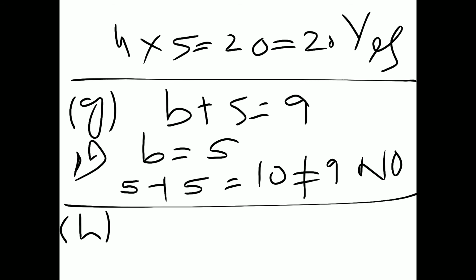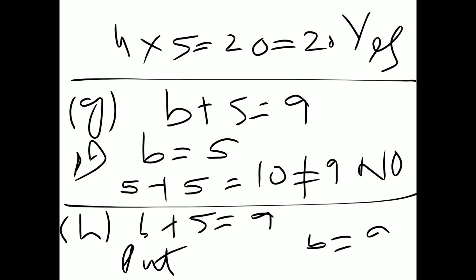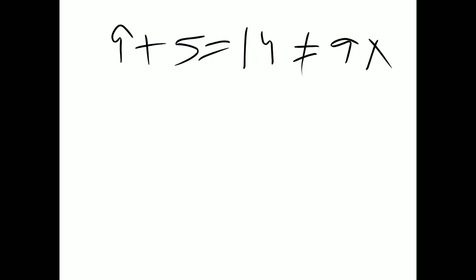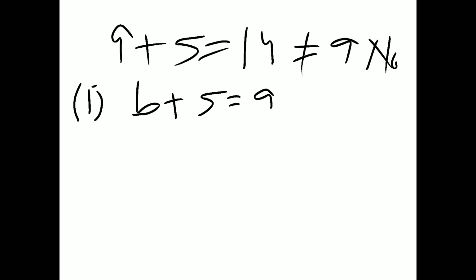H part: B plus 5, the same question is there, but the values are different. You have to put B as 9. 9 plus 5 is 14, which is not equals to 9, so the answer is no. I part is B plus 5 equals to 9.